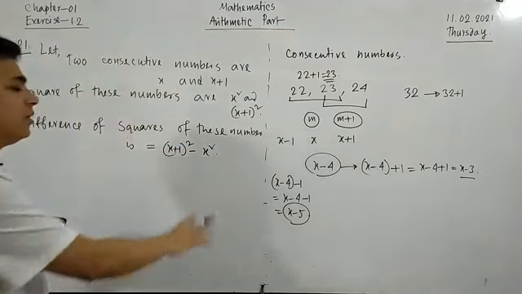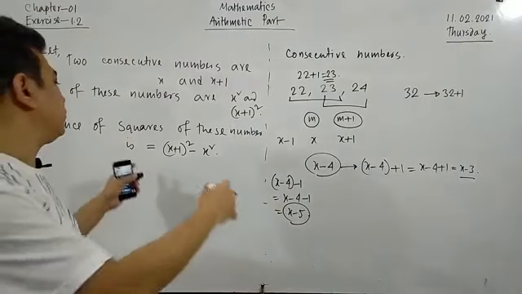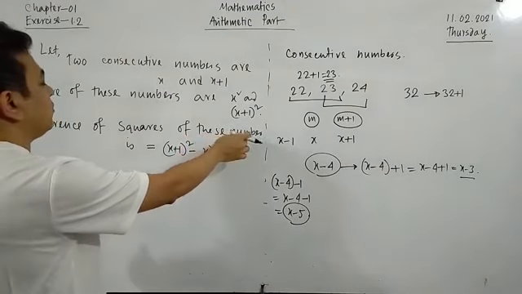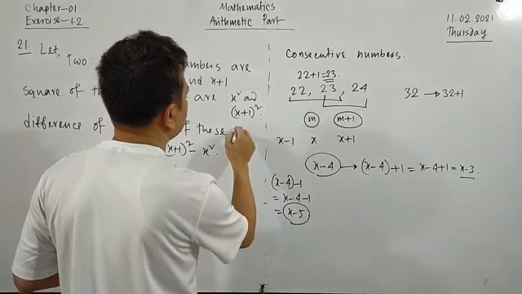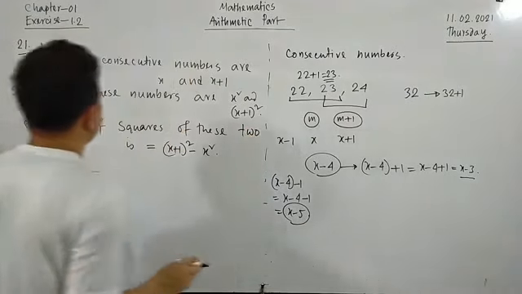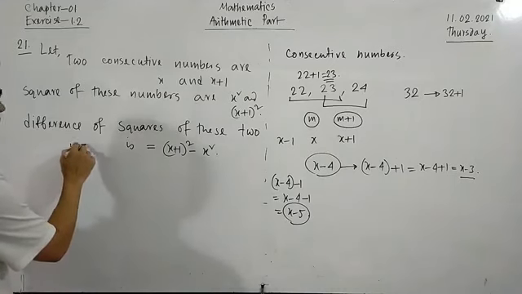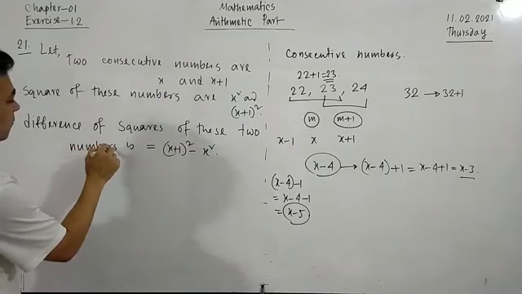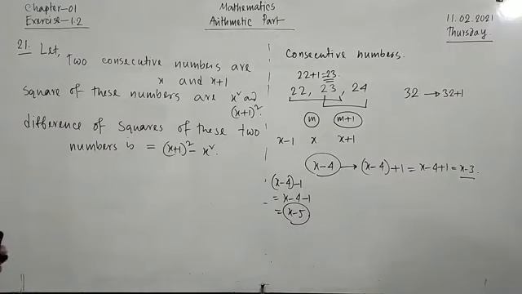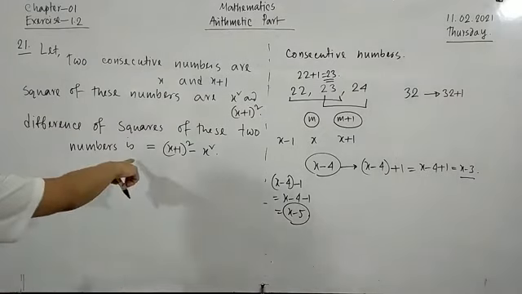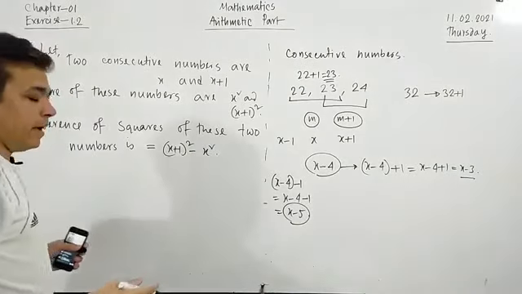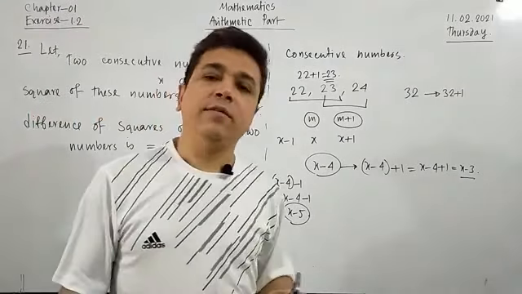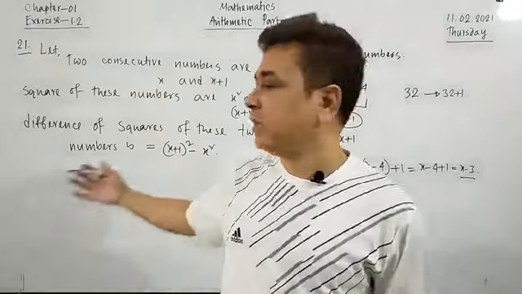This is the difference. And given in the question, the difference of squares of these two numbers is 37.